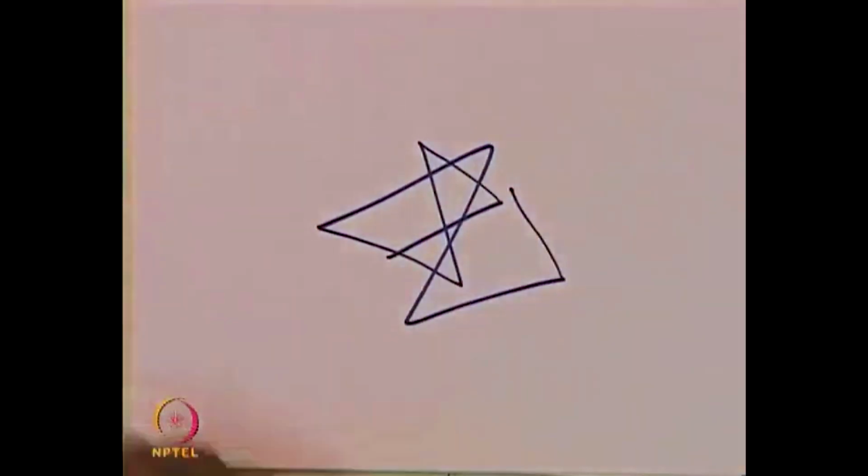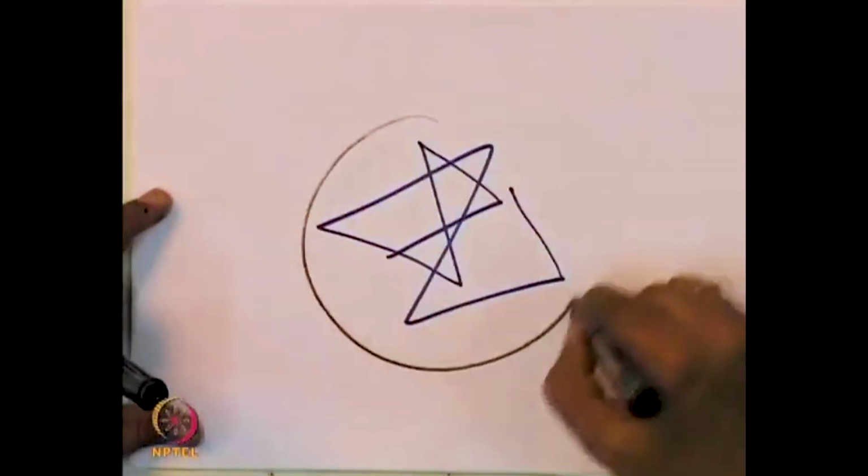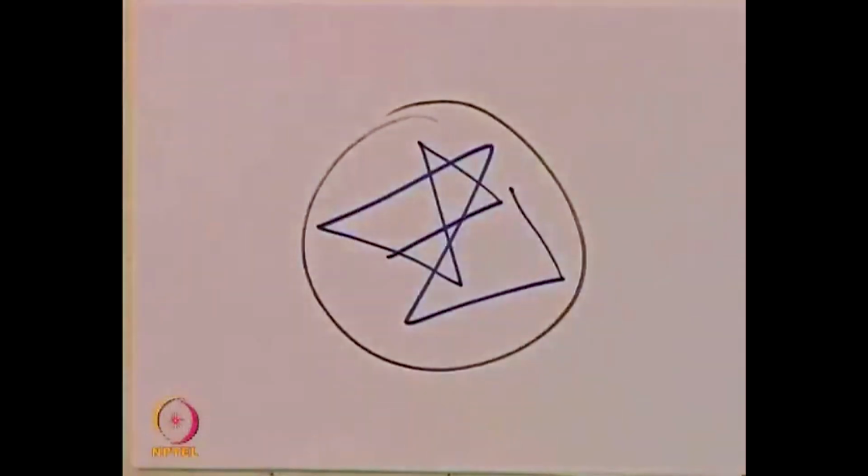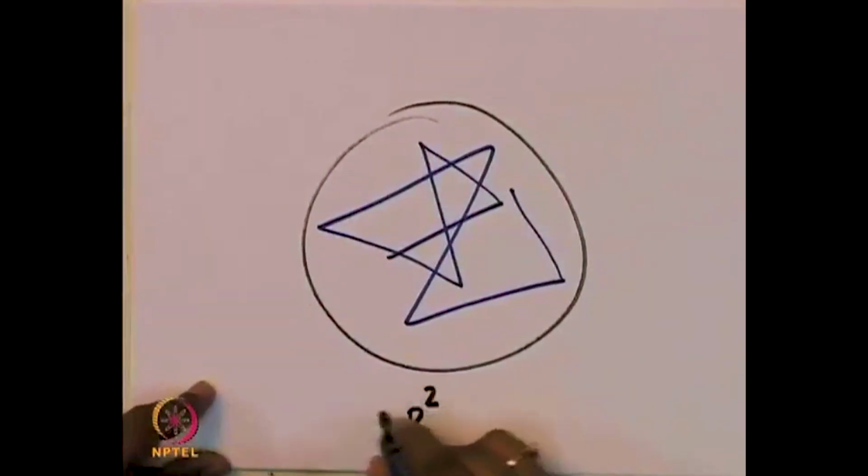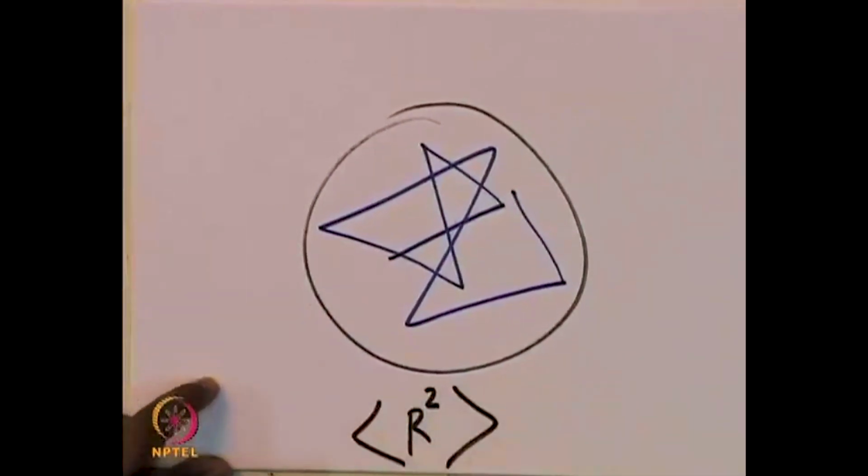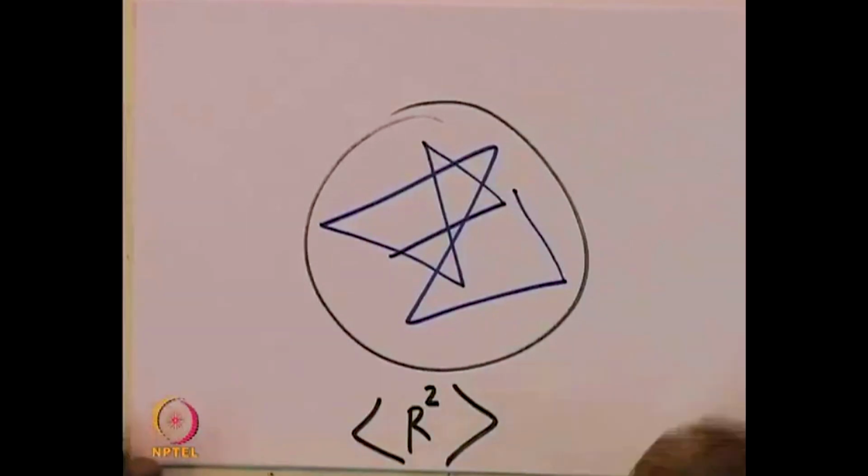We want to get some idea of what this rough size is like. So, the next quantity that is sensible is to calculate R square average. Whenever R average is 0, we can always calculate R square average and the root mean square end to end distance.